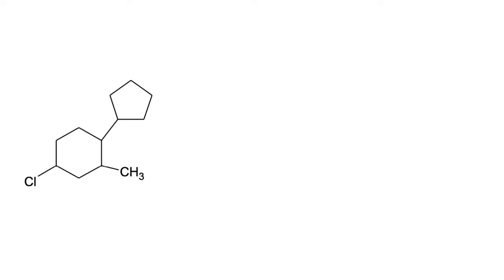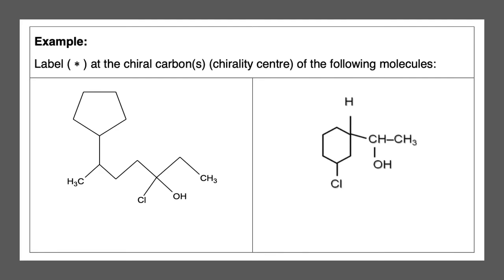So yang ini macam mana pula? Okay, yang ini madam bagi terus sahaja juga lah ya jawapannya. Ini dan juga ini. Okay, so jom kita cari mana chiral carbon dia.